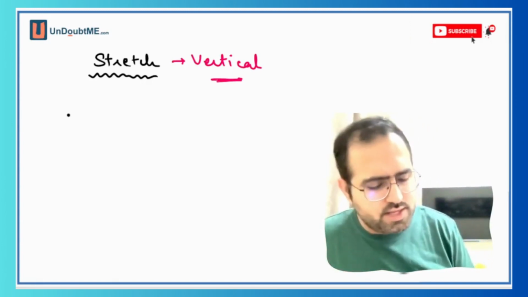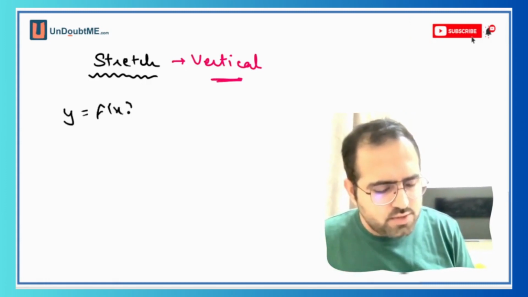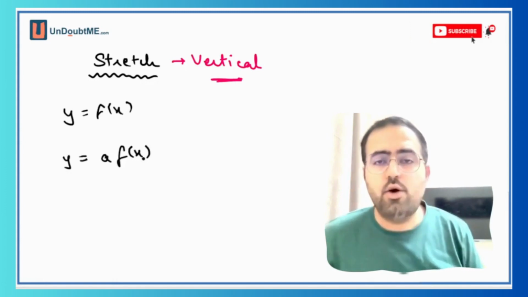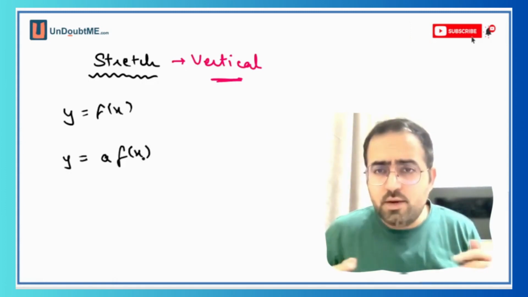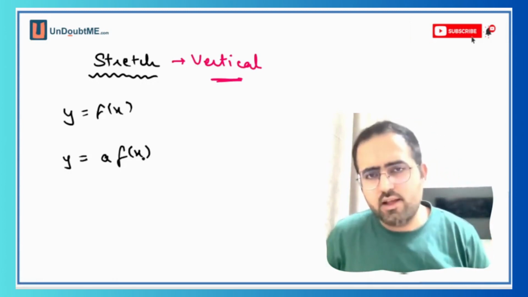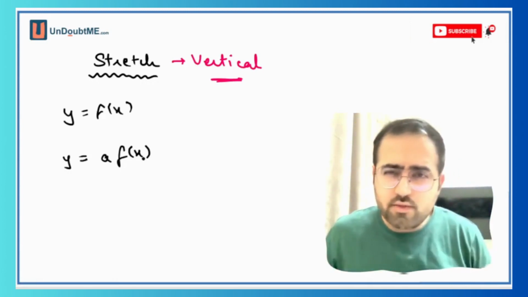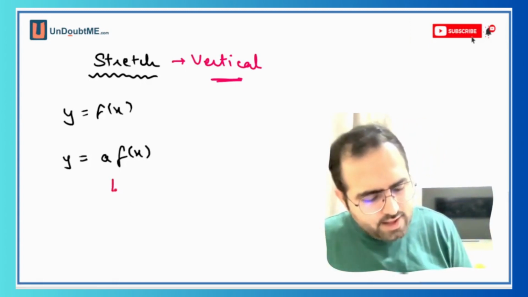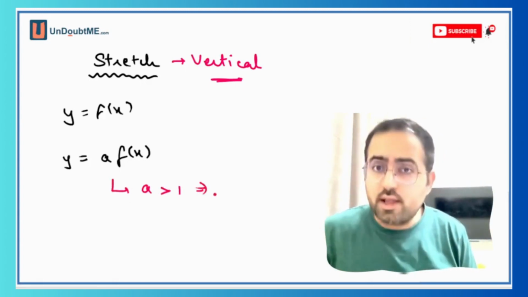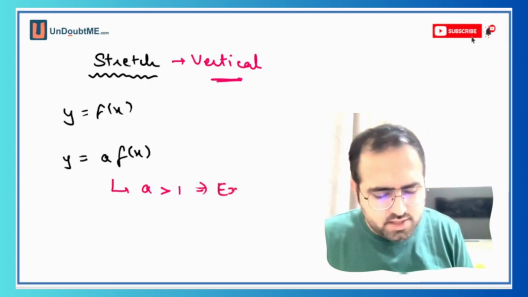The vertical stretch is actually applied when I multiply a number along with f(x). It means that the whole value of f(x) is being multiplied by something. It can be any number. It is quite obvious that if this a is greater than 1, then that will be vertical expansion.